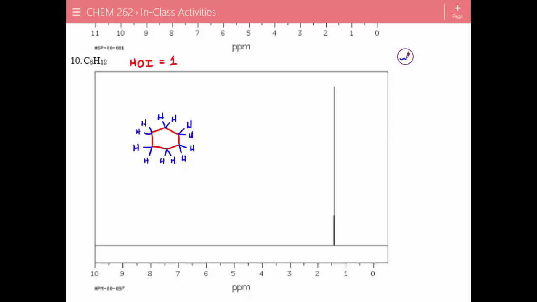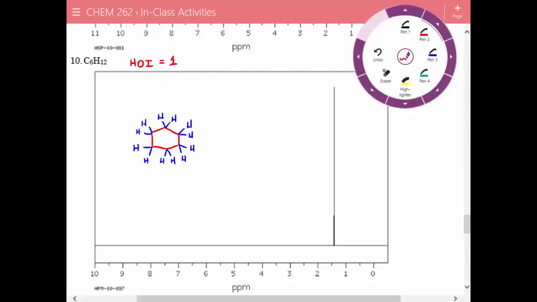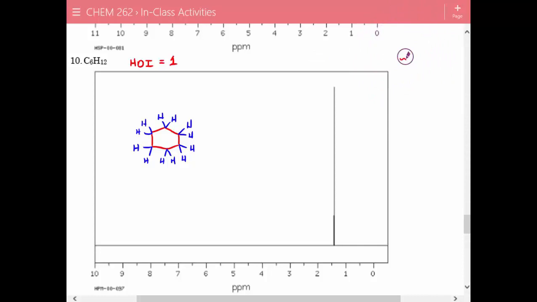And the thing a lot of people have asked about is they said, well, cyclohexanes are in chair conformations, right? So if we draw our chair conformation like this, we know that we've got axial protons and equatorial protons, and those are not equivalent. At least if we freeze this in time, the axial protons are in a different space than the equatorial protons. The problem is the NMR doesn't take an instantaneous snapshot.